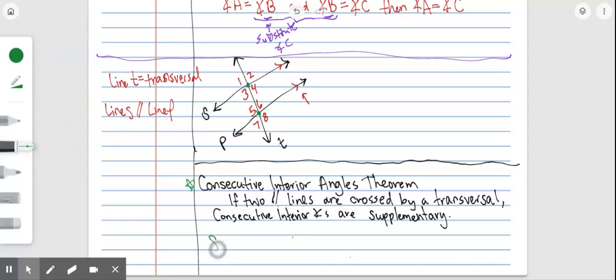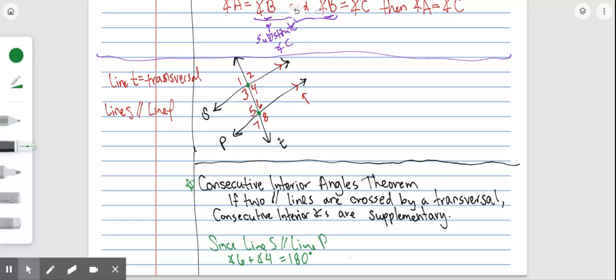I know that since line S is parallel to line P, I know that angle 6 plus angle 4 equal 180 degrees because that's the definition of supplementary. They sum to 180 degrees.